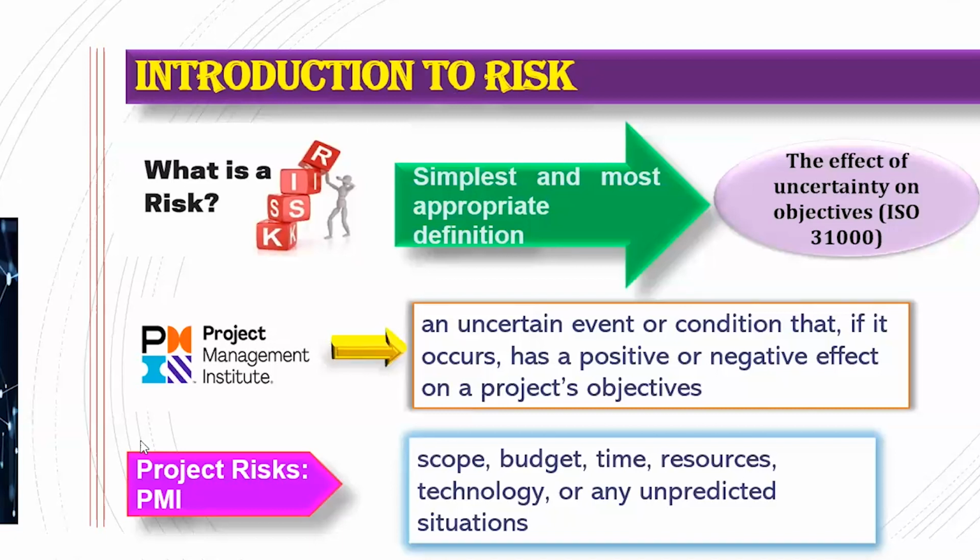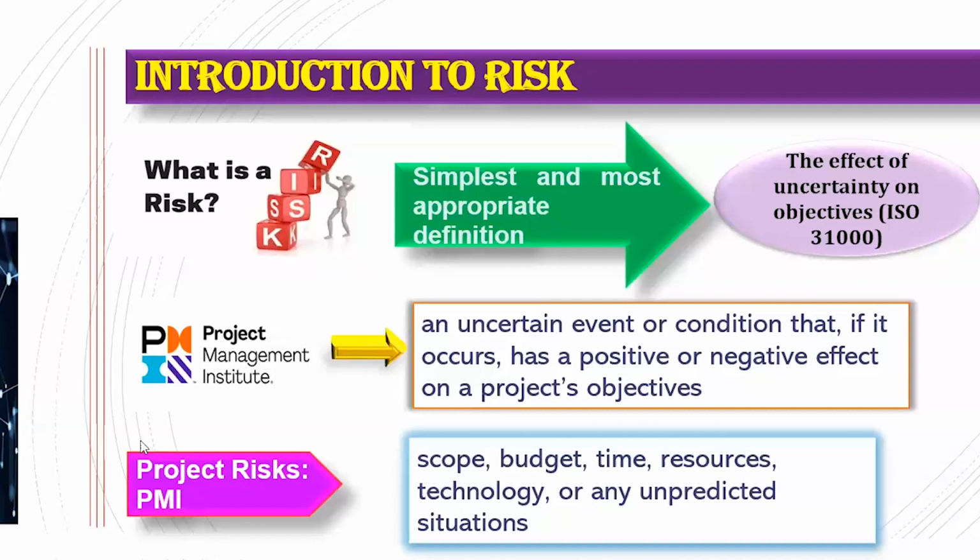It is also important for me to state at this point that for there to be a risk, there must be an objective. So if you don't have an objective, then there's no risk, because for risks to exist, it must be one that has an impact on objectives.